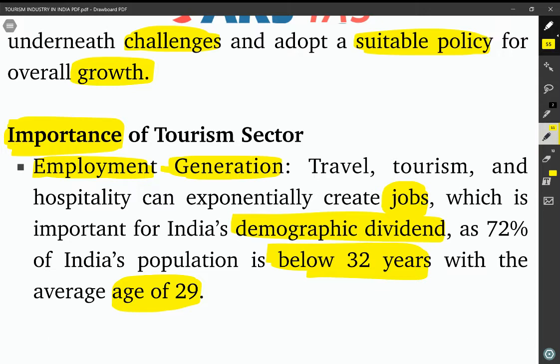To tap the optimum potential and to enrich India's economic and socio-cultural capabilities, there is a need to tap this demographic dividend, and thus employment generation is of utmost importance. The author here states that the tourism, travel, and hospitality sector contributes to creating jobs in a more meaningful way.